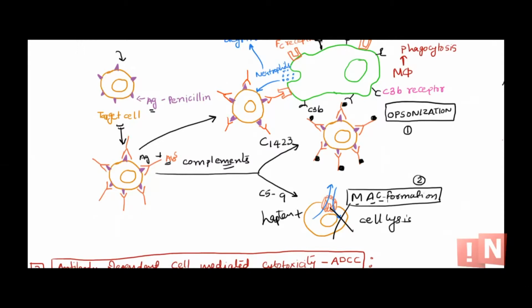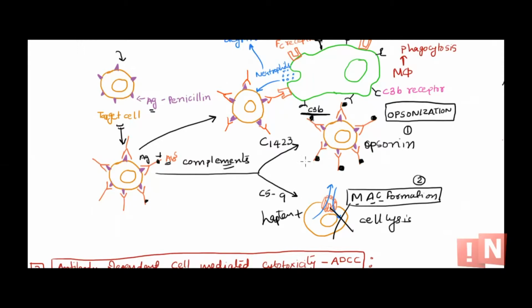Other than that, if you remember, when the complements get activated, there will be splitting of complement into the A fragment and B fragment. When there is splitting, the C3b molecule, complement 3b, acts as an opsonin. That means it can go and bind to the Fc portion of the antibodies that are coated.